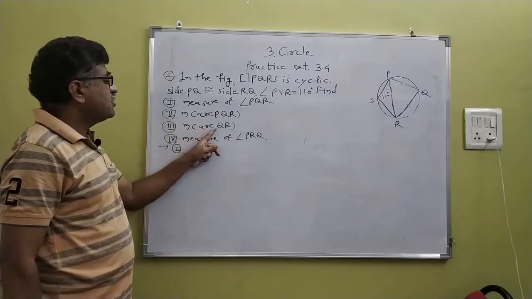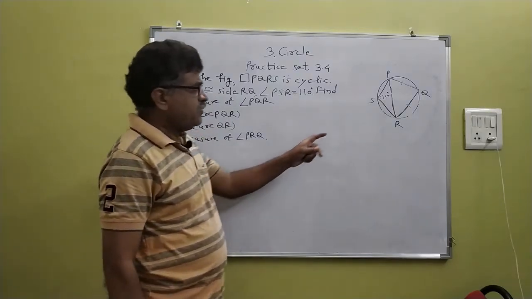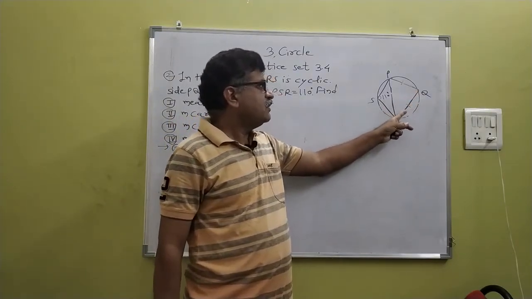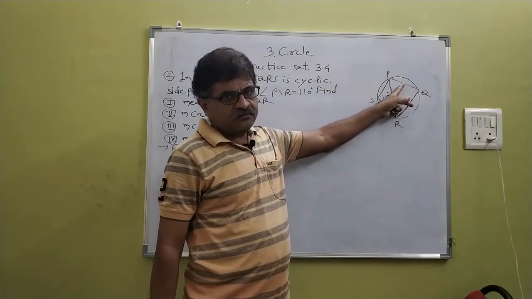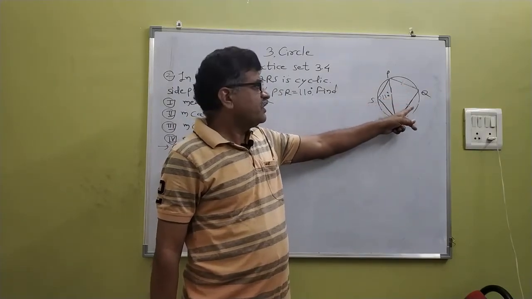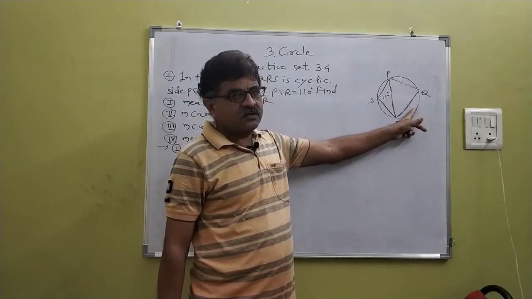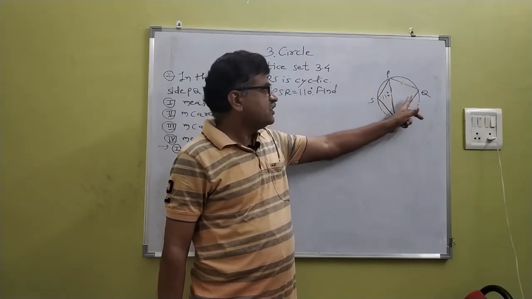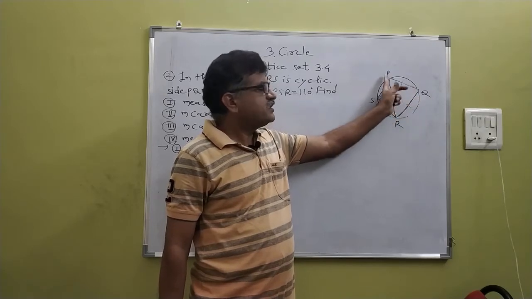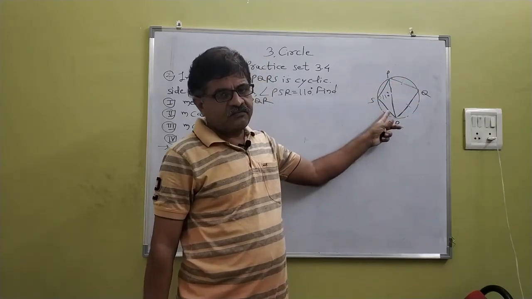Third, the measure of arc PQ and arc RQ. These two are congruent. We consider this as x, therefore these two arcs are congruent, so x plus x is equal to the value of this arc.